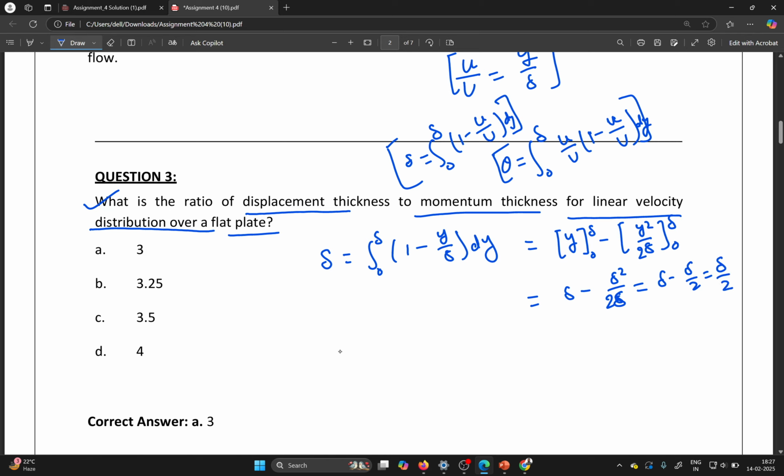How do you calculate the momentum thickness? You know the formula already: integral from 0 to delta of y by delta times (1 minus y by delta) dy.